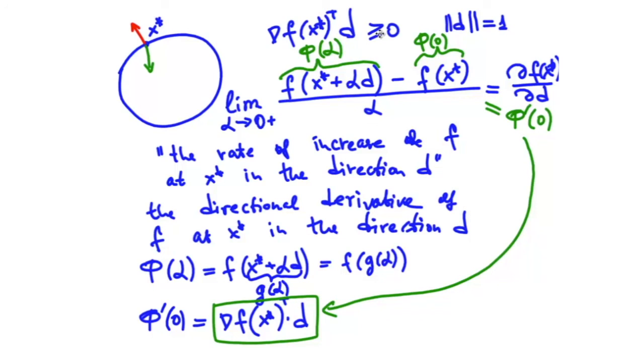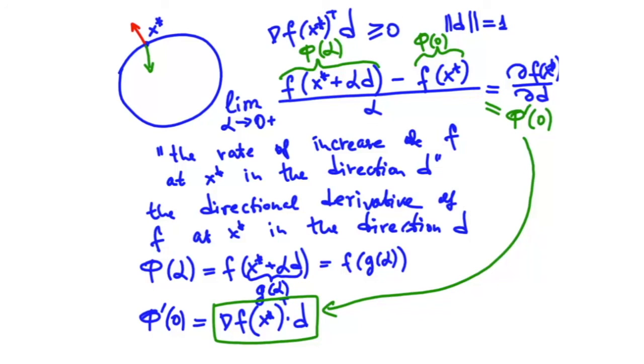So, in simple language, this condition tells us that if x star is a local minimizer, then the function is not decreasing in any feasible direction, because the rate of increase in any feasible direction is non-negative. This is essentially the meaning of this optimality condition.